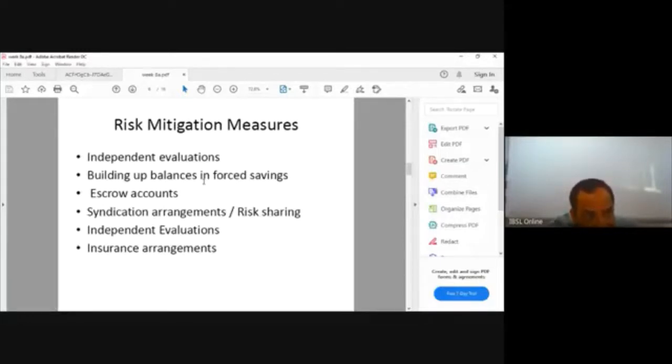So those are escrow accounts, right? That's a way of mitigating the risk of losing the funds, or losing the loan grantor.